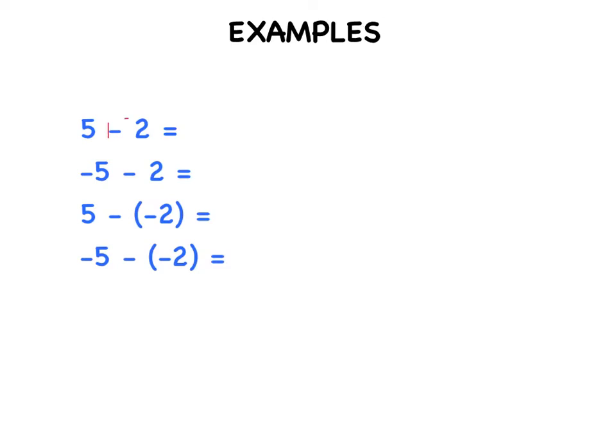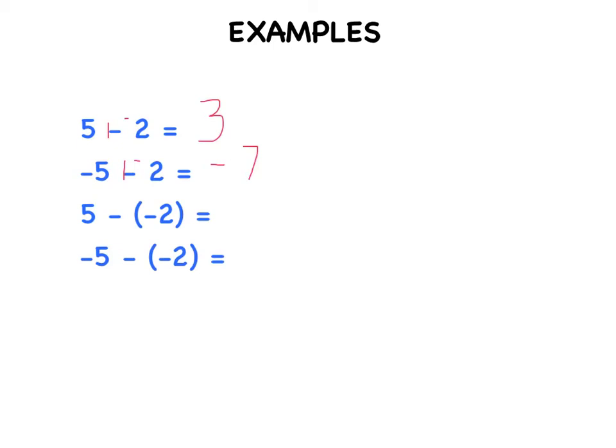Okay, we subtract the numbers and keep the sign of the larger number, so we end up with a positive 3. Negative 5 minus 2 would give us the equivalent of negative 5 plus negative 2. Since the signs are the same, we're going to add and keep the sign, so the result is negative 7.